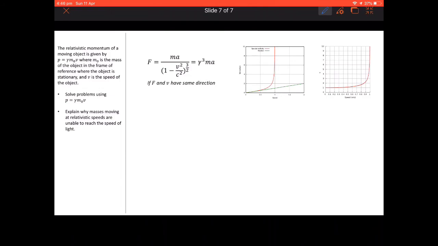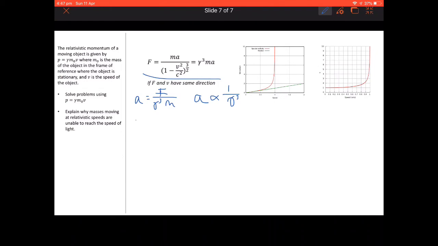To elaborate on this rule a little more, we can also say that acceleration is equal to force divided by the Lorentz factor to the power 3 times mass. Therefore, acceleration is inversely proportional to the Lorentz factor cubed.